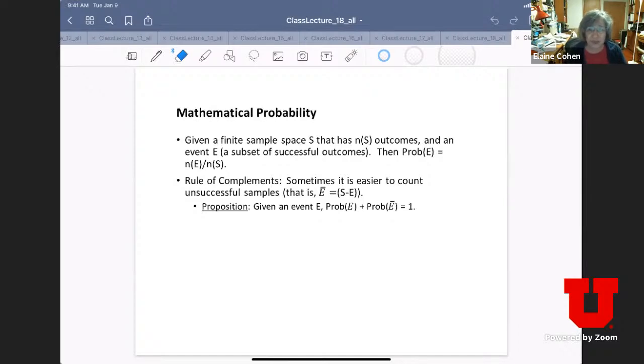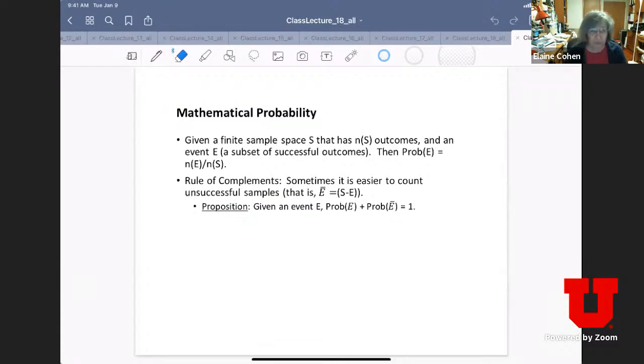Now, sometimes we use the rule of complements. What's the rule of complements? The rule of complements is that sometimes it's easier to count unsuccessful outcomes. If I ask you how many outcomes have at least one of something, it could be 1 or 2 or 3 or however many. So it's easier to figure out the total possible outcomes and subtract off the ones that don't have any, because then the rest have at least one.